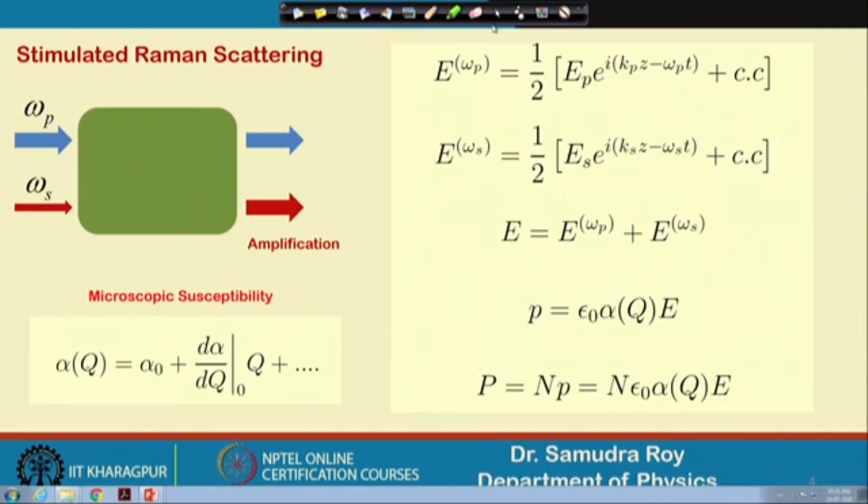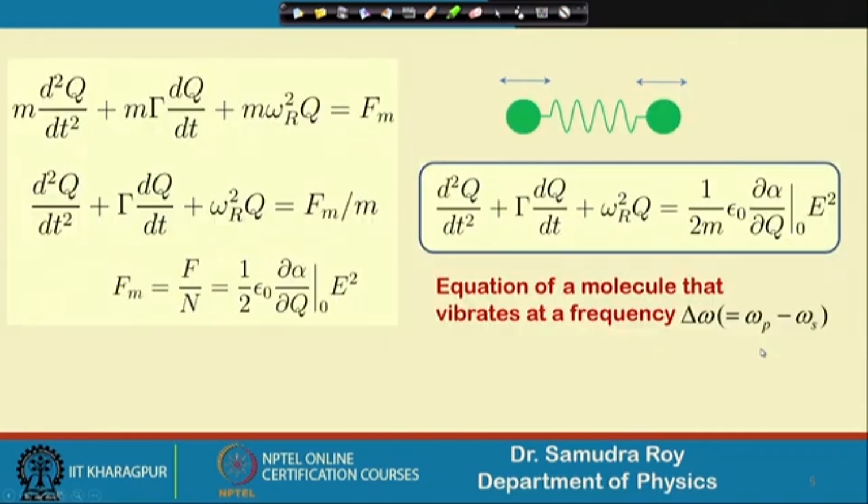In the last class we tried to find the differential equation of the molecule that is vibrating, because the form of q is important. Once we know the form of q, only then can we find the nonlinear polarization.